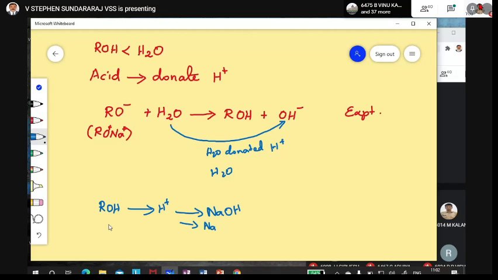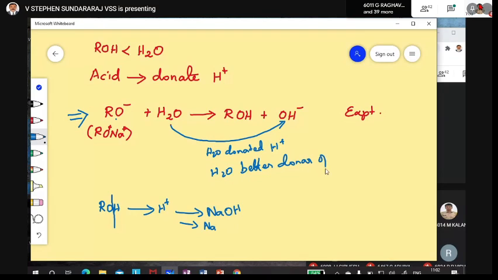Water also can donate, but when you have a competition between the alcohol portion and the water portion, who is the better donor? This reaction shows that water is the better donor of H plus.